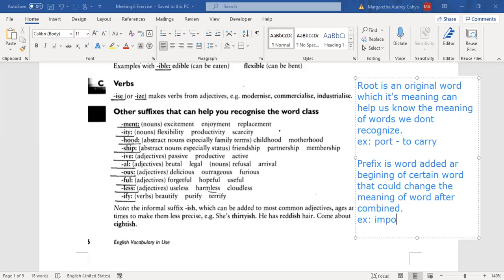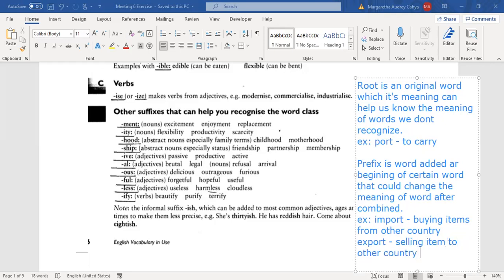Import: taking, buying goods, items from other countries. Export: selling items to other countries. So you can see, port is to carry, right?